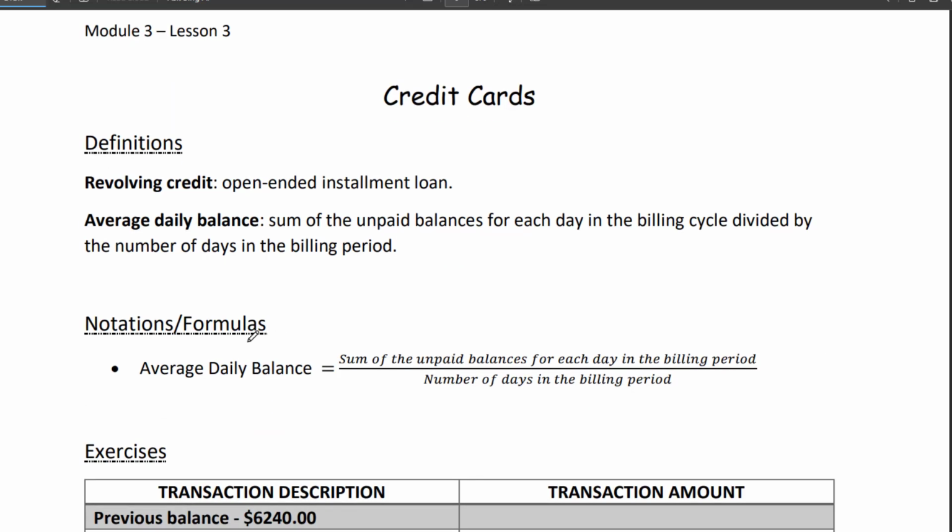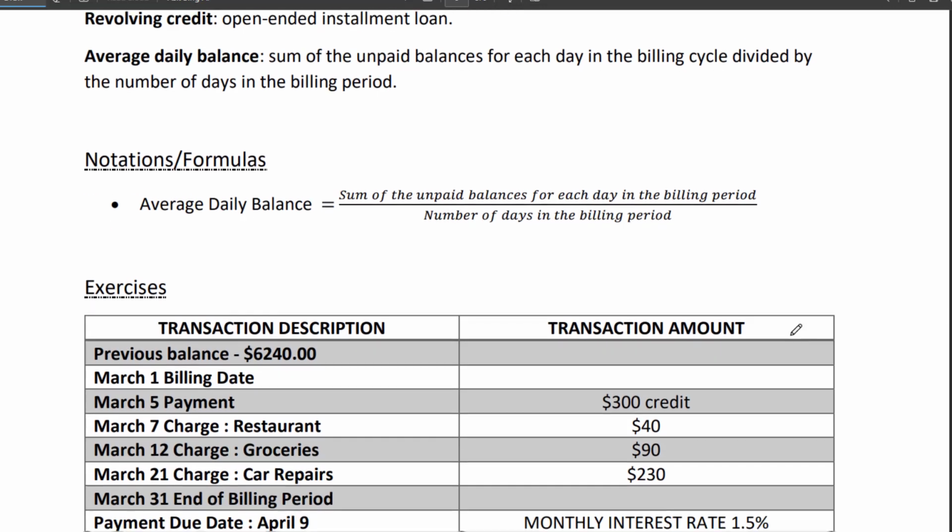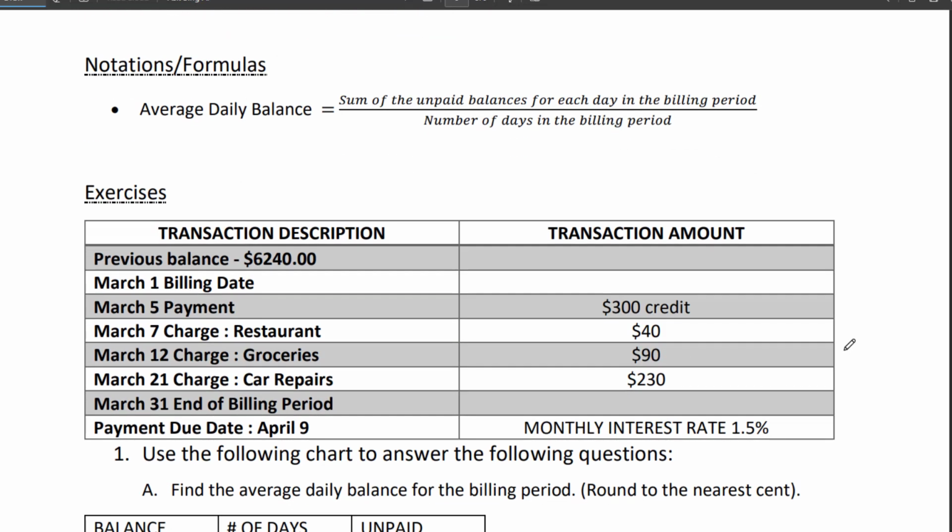So if you look at the notations and formulas, we have the formula for the average daily balance, and it tells us that it is the sum of the unpaid balances for each day in the billing period divided by the number of days in that billing period. So most of the time your billing period is for that month, so it could be 30 days, 31 days, however many days are in that month.